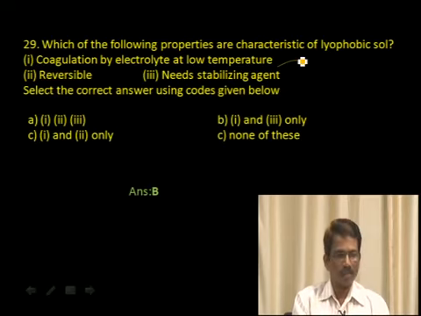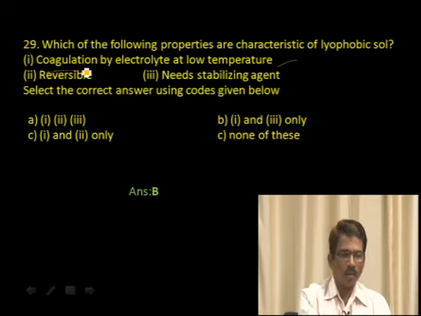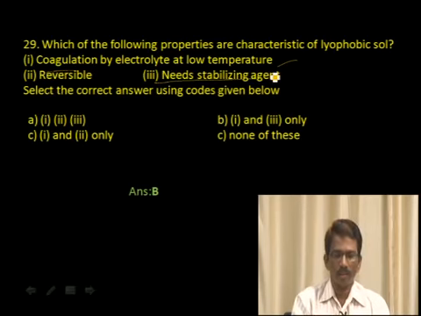Among the three statements given, statement 1, coagulation by electrolyte at low temperature, and statement 3, needs a stabilizing agent, are both correct with respect to lyophobic sols, and hence the correct option is answer B.